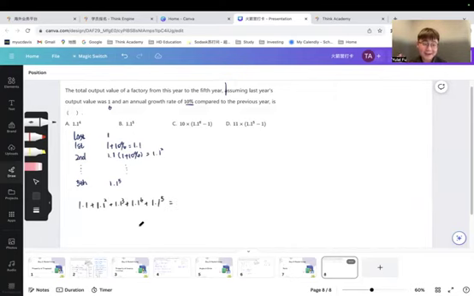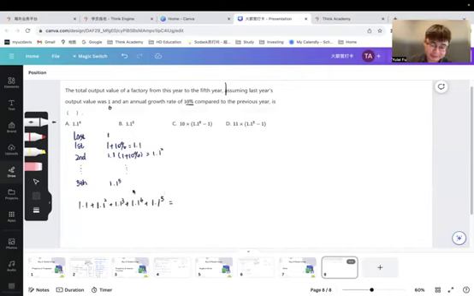I'm not sure if everyone is familiar with these numbers, but for me it's really familiar because this is just what we learned in the previous class. It's called a geometric sequence, and we want to find the sum of the geometric sequence.